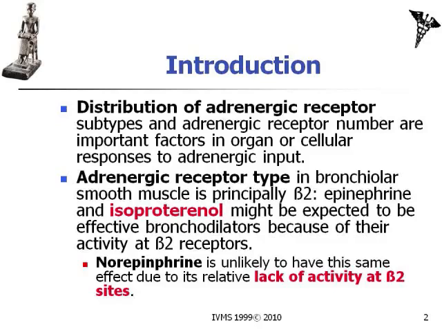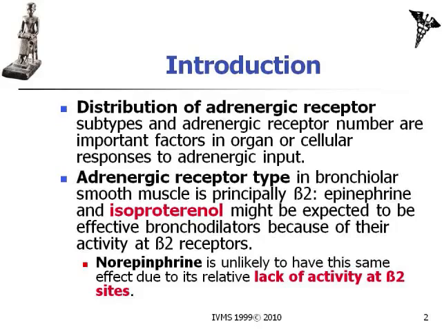Okay, so as an introduction, what we want to keep in mind is the distribution of adrenergic receptor subtypes and the number of receptors that are in various organs and the vasculature in the body, because that is what is going to determine the response that we're going to see to the administration of the adrenergic agents.